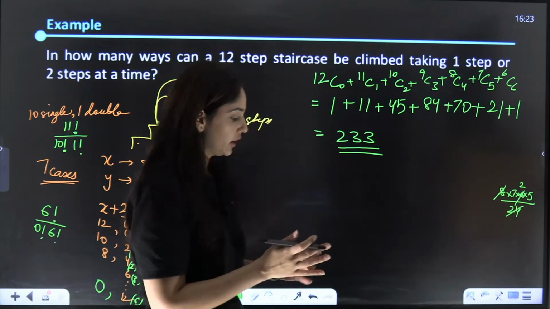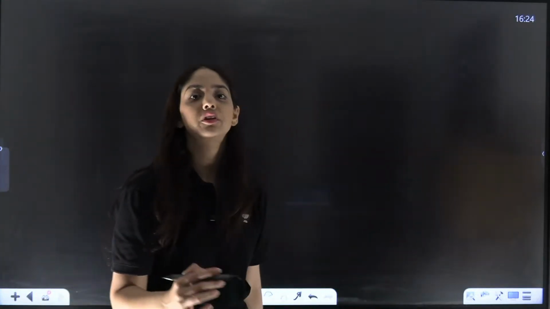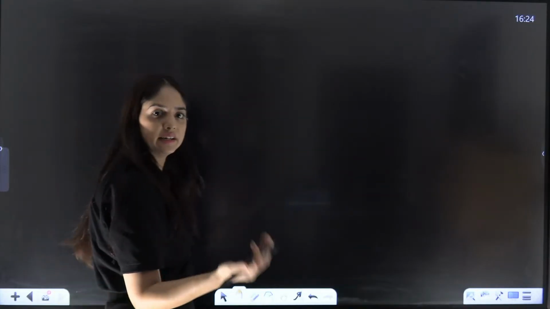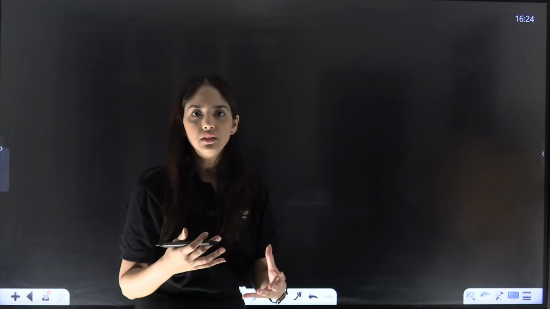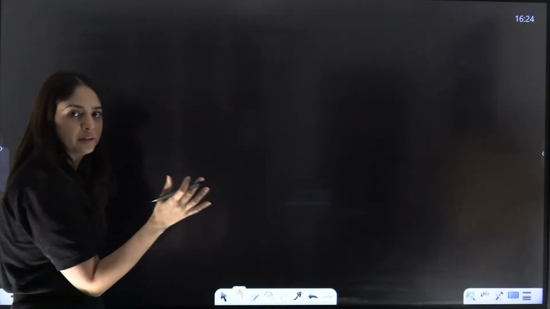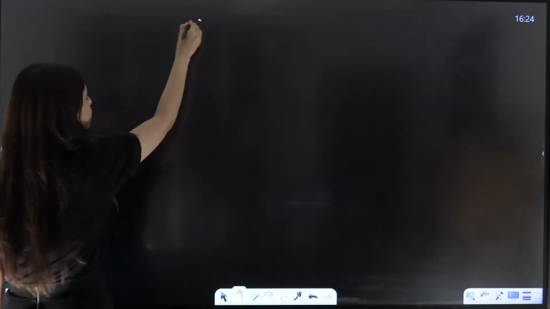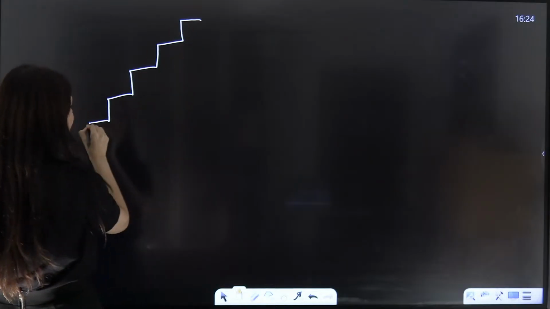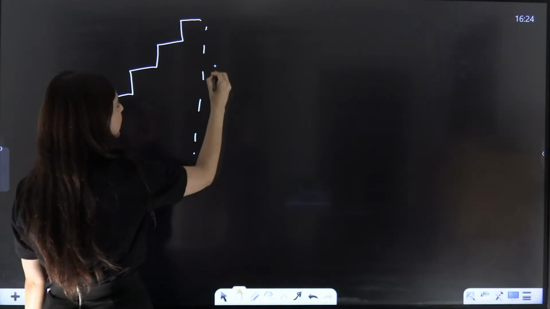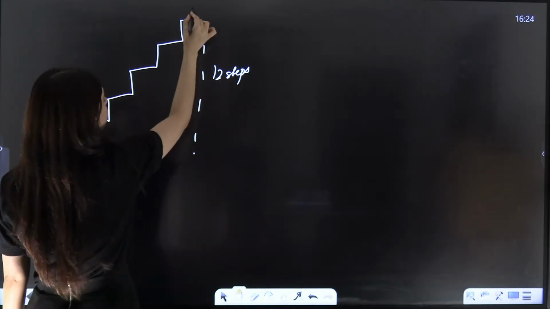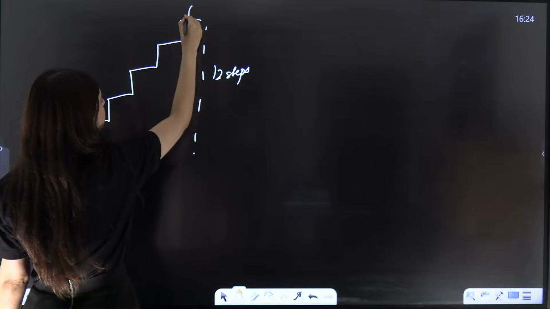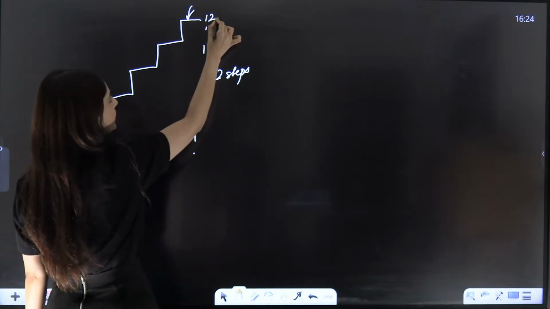Another way of looking at it, a very important thing to learn, bache, if you're preparing for the Olympiad, is a way of writing such cases. Now, we don't know how many possible cases are going to be there up to 12. But we know that if we had these 12 steps, then for any point, let's say this is the 12th step.